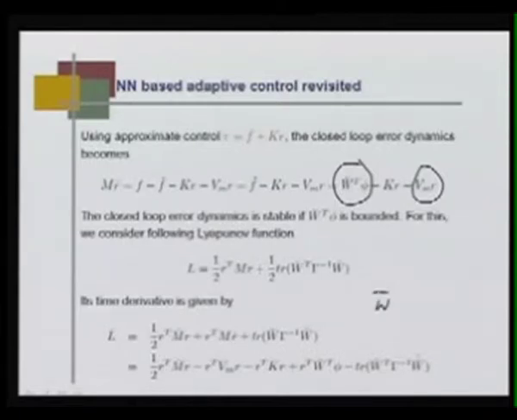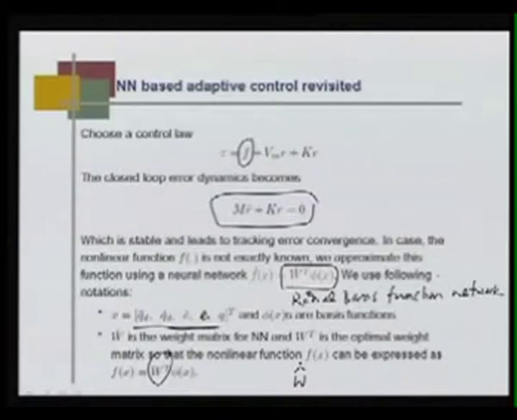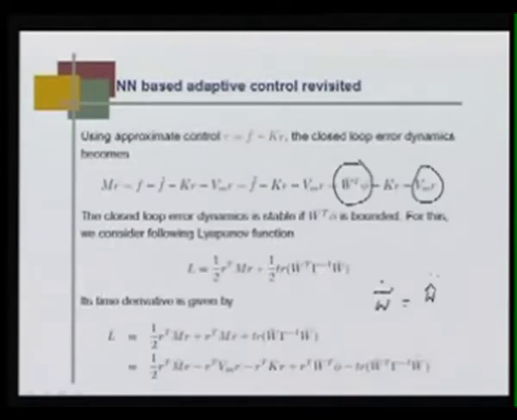You know that W tilde is W minus W hat, so W tilde dot is minus W hat dot.